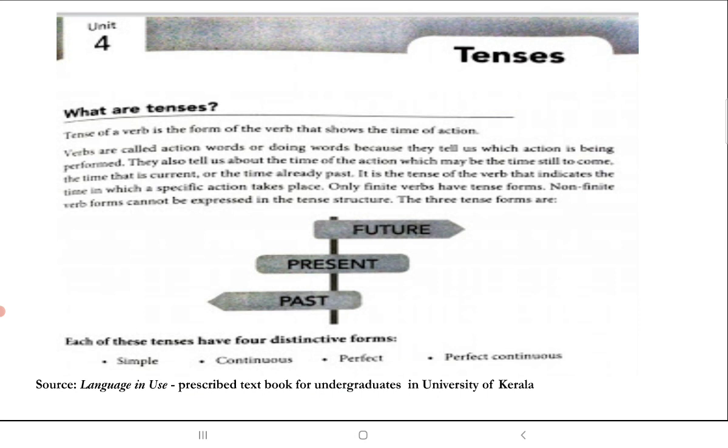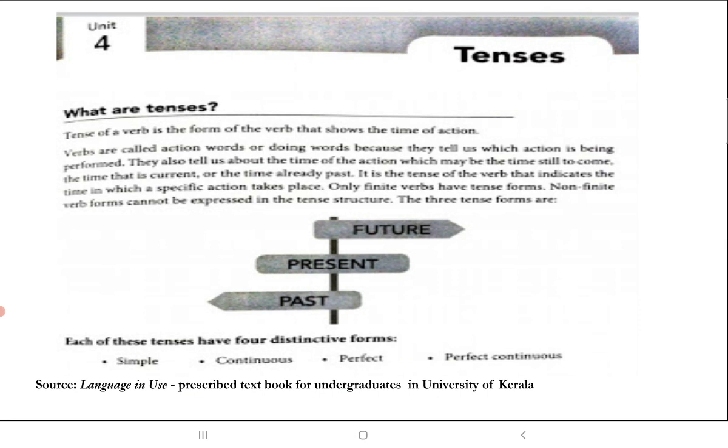Only finite verbs have tense forms. Non-finite verb forms cannot be expressed in the tense structure. What is a finite and non-finite verb we'll be looking into when we reach that point in your text. Otherwise you will get confused without any reference to it.